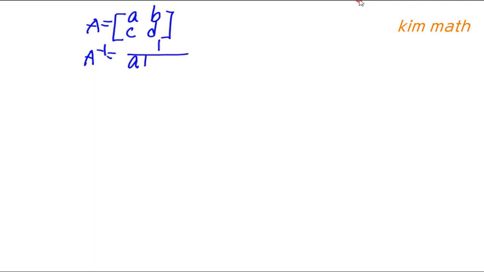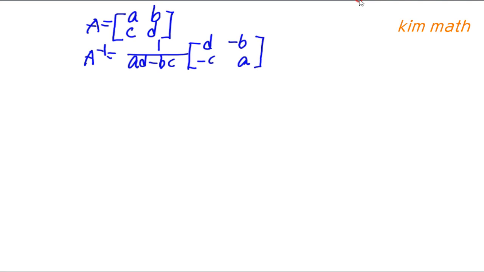One more time. If your matrix A is A, B, C, D, then the inverse of this matrix will be 1 over AD minus BC times D, A here and minus B, minus C here.